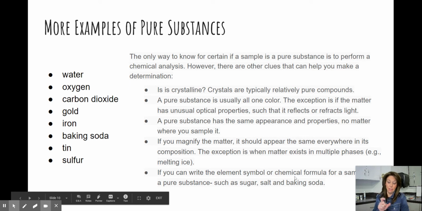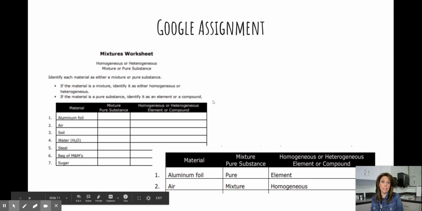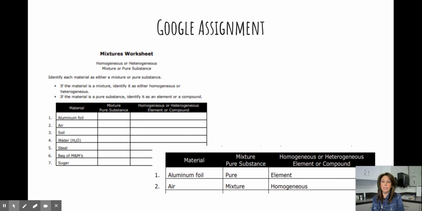So that's another molecule. Okay, so this is your Google assignment. You're going to get a list of products and materials, and you're going to have to identify first, is it a mixture or a substance? Once you've identified it as a substance or a mixture, then decide if it's a mixture, is it a homogeneous mixture or is it a heterogeneous mixture?